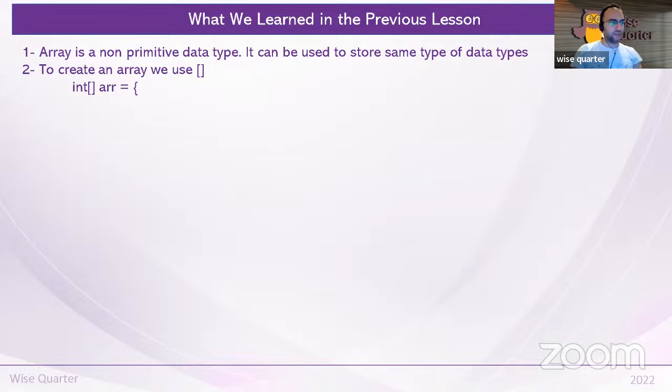If you want to directly enter the values, you can create this kind of array. And automatically it will set the number of elements. 1, 2, 3, 4, 5, 6. This array has 6 elements, and forever it will have 6 elements.